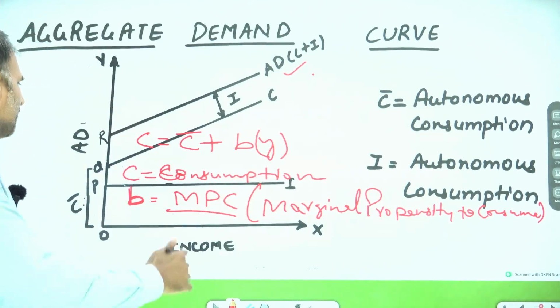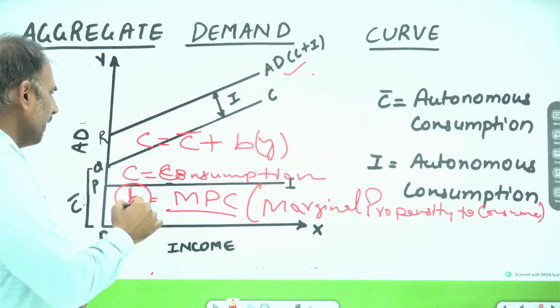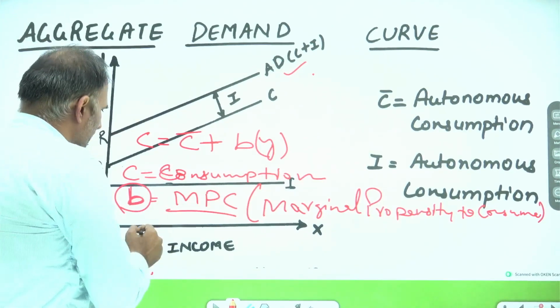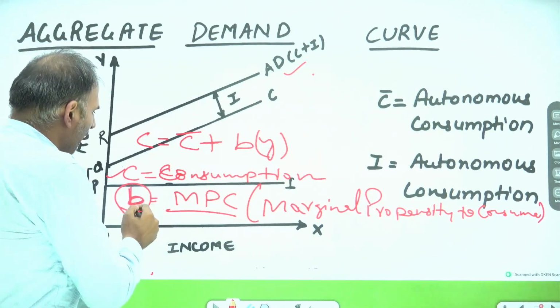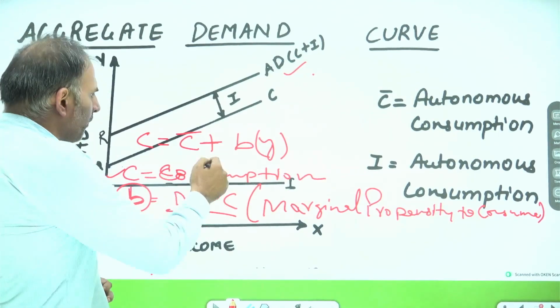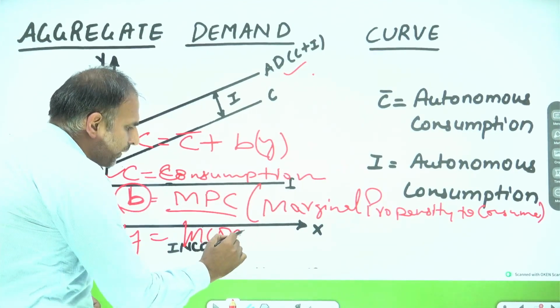We can call it b also. There is a relationship between b, consumption, and savings. So we have consumption, autonomous consumption, MPC, and Y, which is related to income.